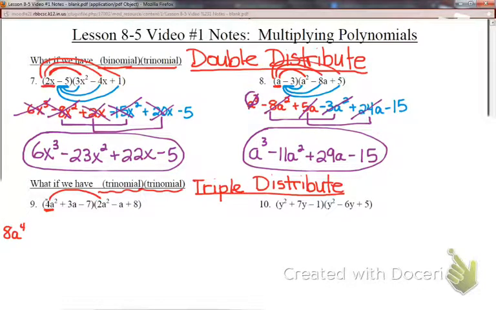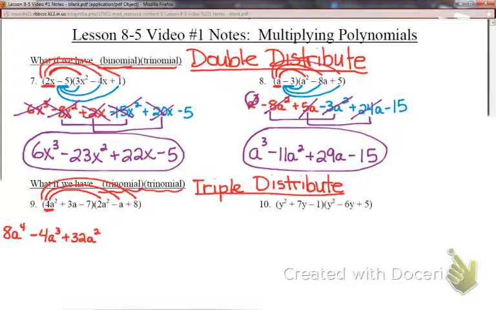And then 4a squared times negative a is negative 4a to the third. And 4a squared times positive 8 is 32. So positive 32a squared.